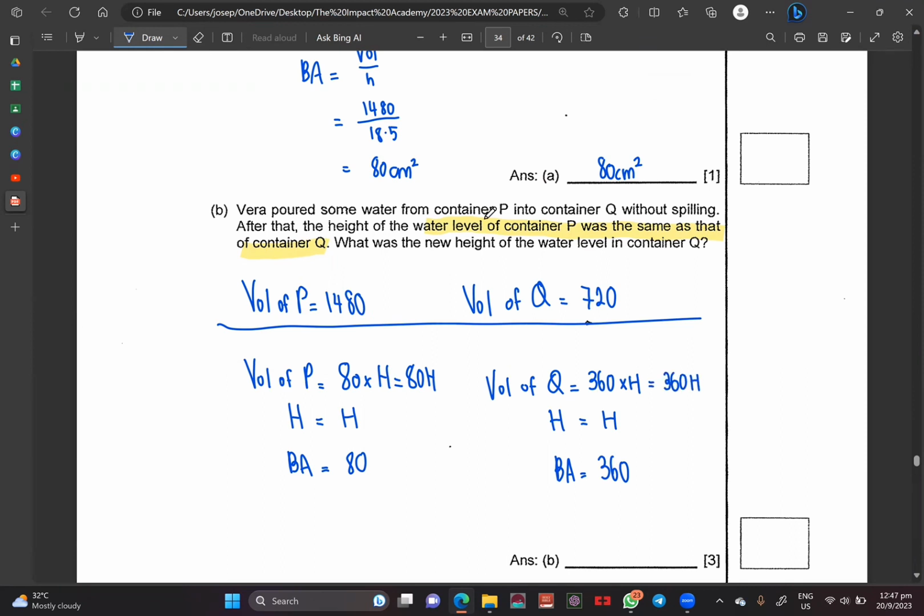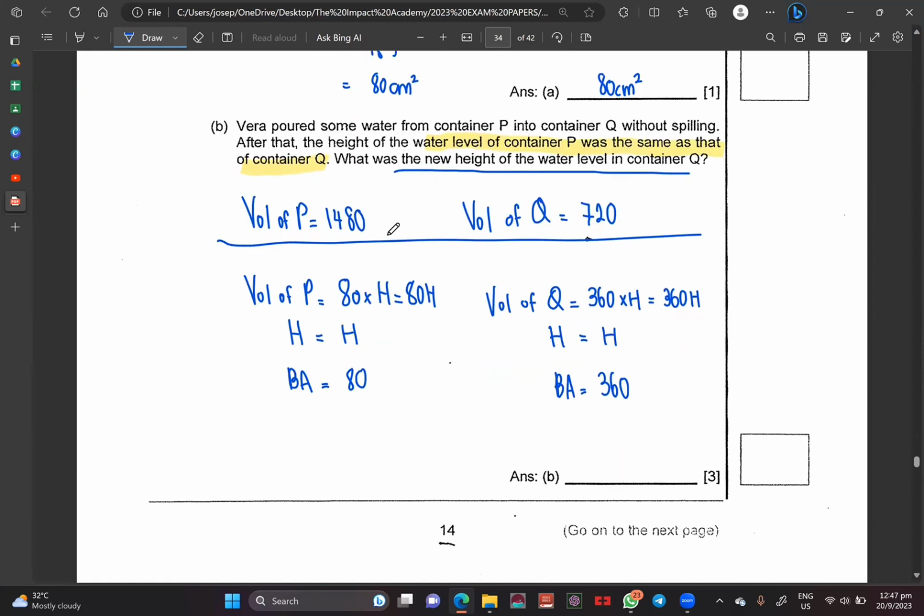Now, we know that the height of the water level is the same. So we use H to represent it, and they want us to find the new height of the water level in container Q. Do you remember just now, in the earlier part, I said that the volume of P is 1,480? Isn't it true that 1,480 is actually equal to 80H? I'm just going to highlight for you to see: isn't this the volume of P?